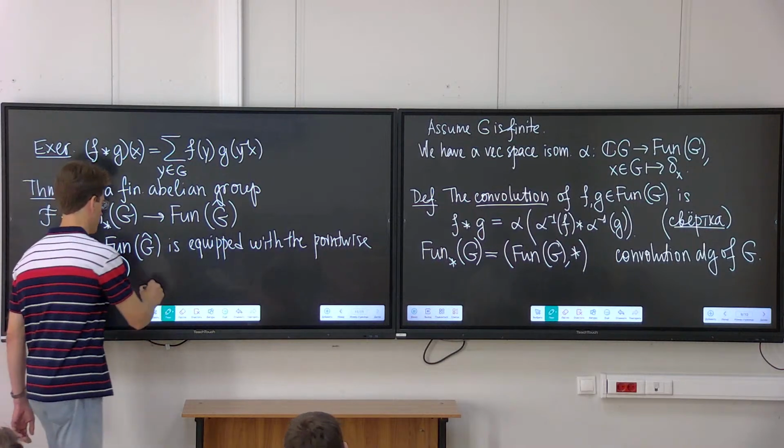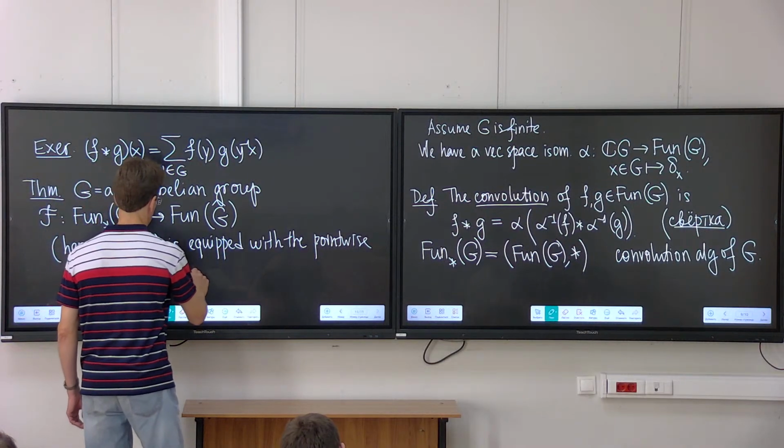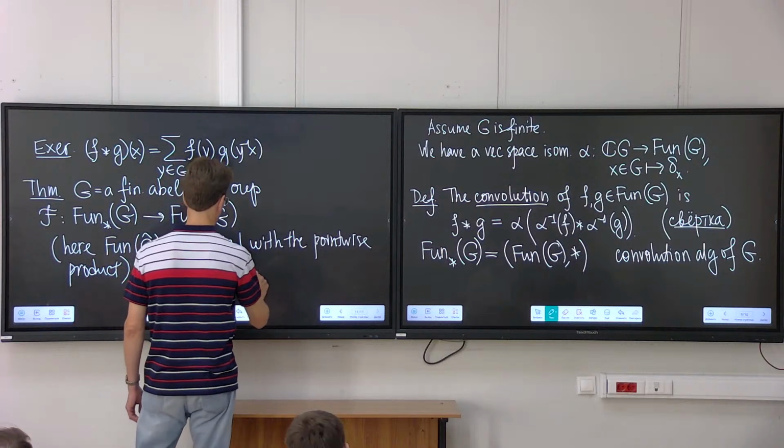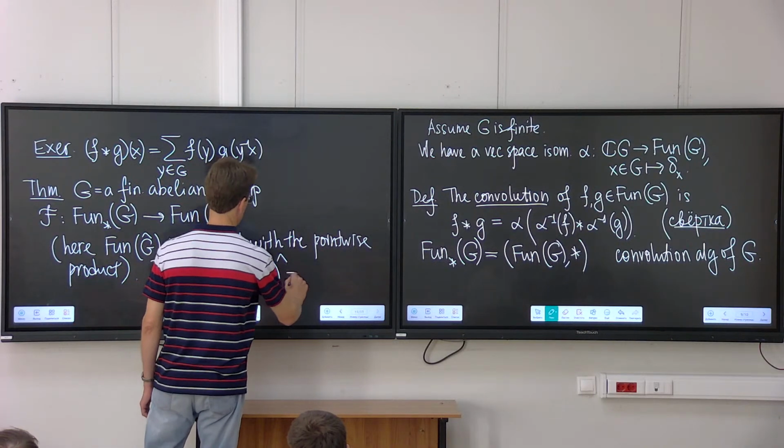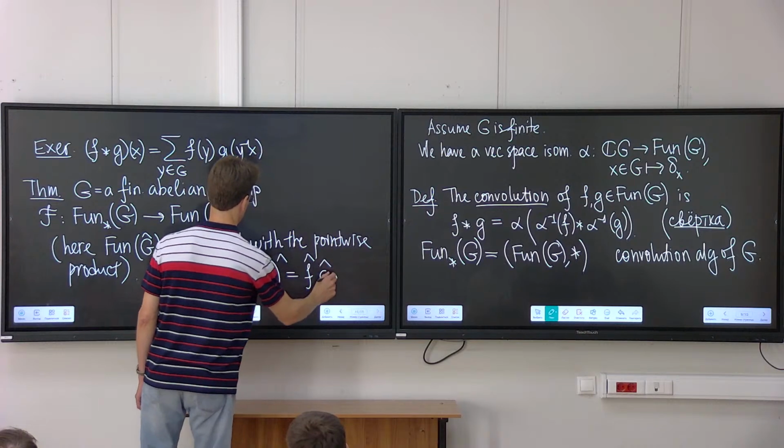In other words, we have the following formula: the Fourier transform of the convolution is equal to the pointwise product of the Fourier transforms.